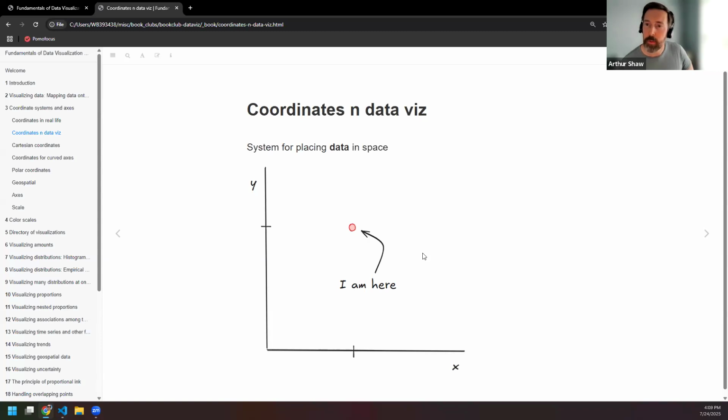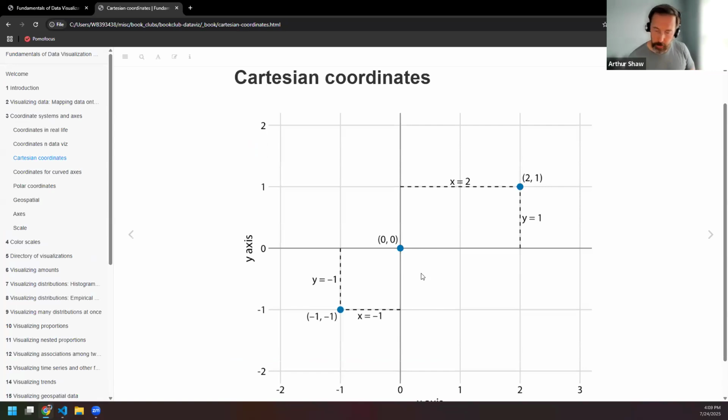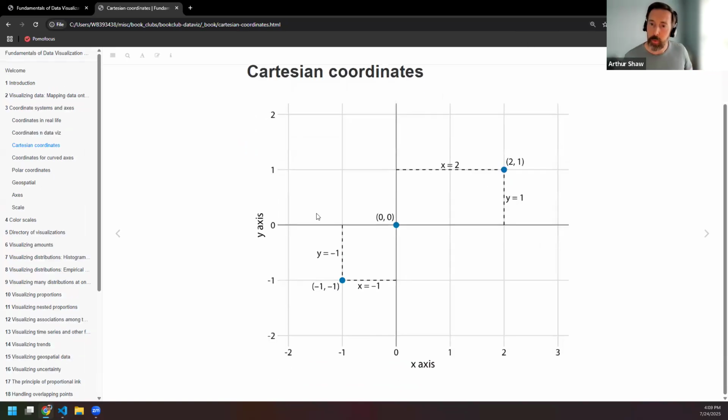So I guess the canonical way of thinking about space is the Cartesian coordinate system, where you have this x-axis and y-axis, just as we saw earlier. This is the author's illustration, and if we place any point in space, it's just a matter of the coordinates two, one.